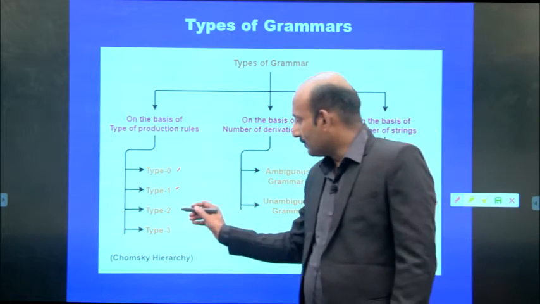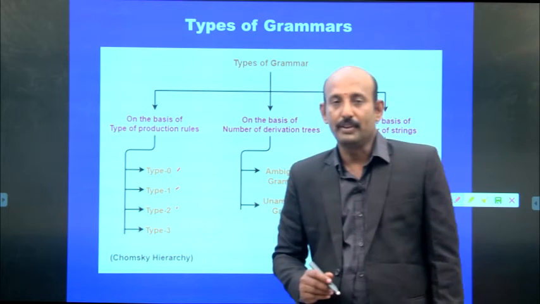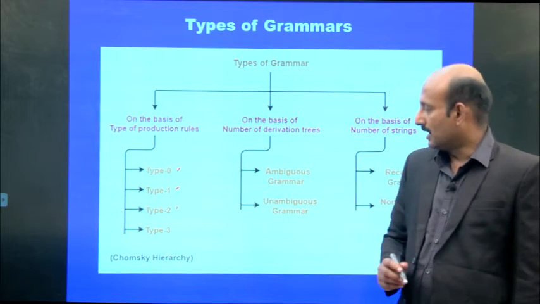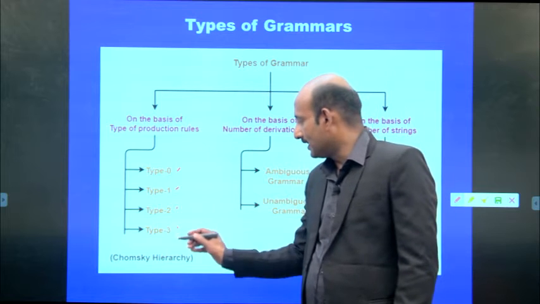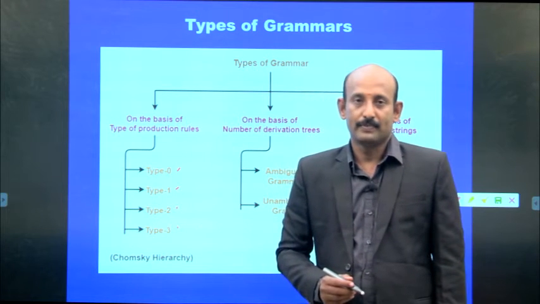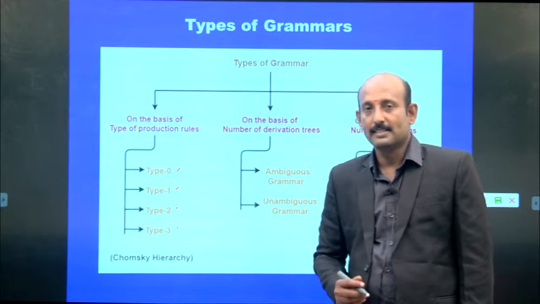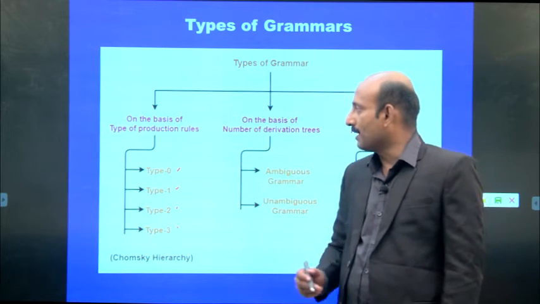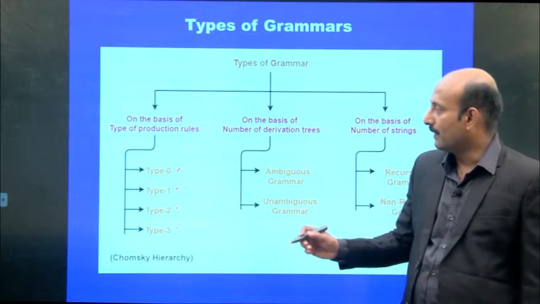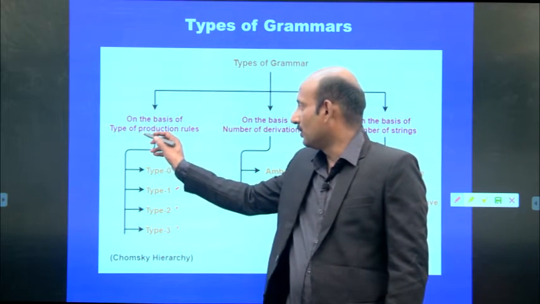And type 2 grammar is context free grammar. And type 3 is regular grammar. So I repeat this one. The grammar has four types of grammars. These four types are based on the production rule.